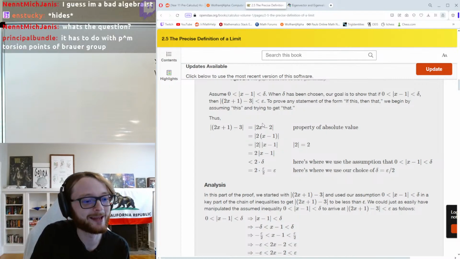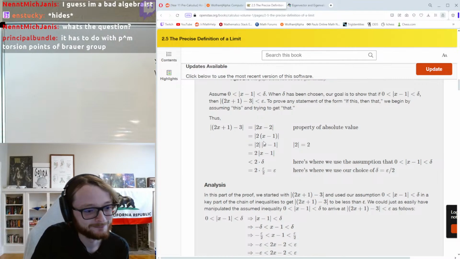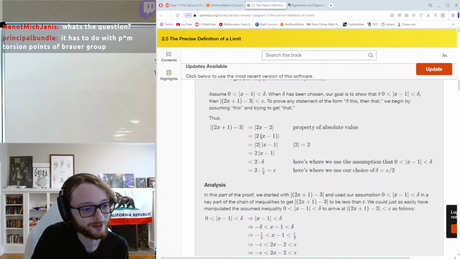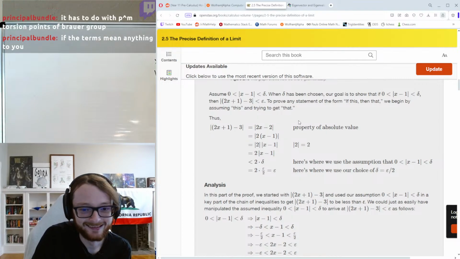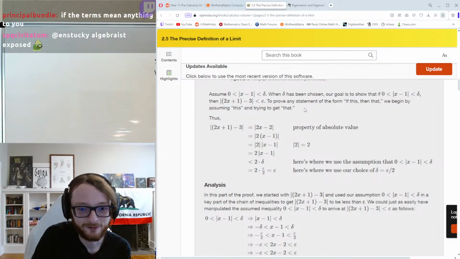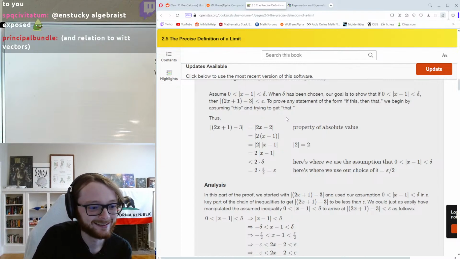You're a bad algebraist? What's the question? PM torsion points of the Brouwer group? Yeah, I have no clue. All of my experience with algebra was trying to cram for the GRE years ago. And not even understanding the basics of it. Algebraists exposed. Addition to width vectors. Oh gosh.